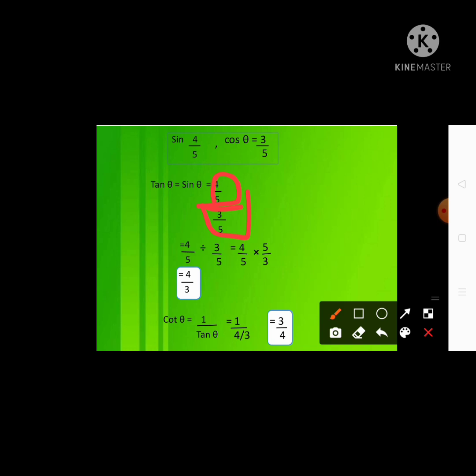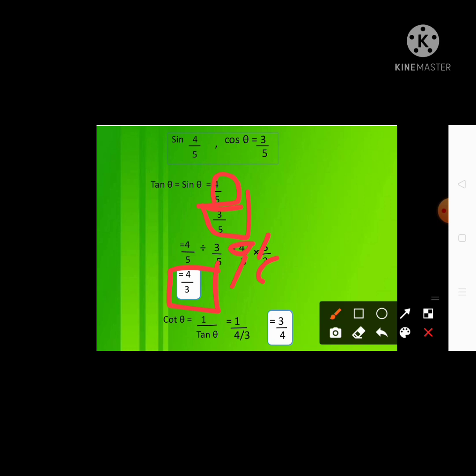So we cancel the 5 and 5, and what is left is 4 over 3. So this is the final answer for tangent theta.